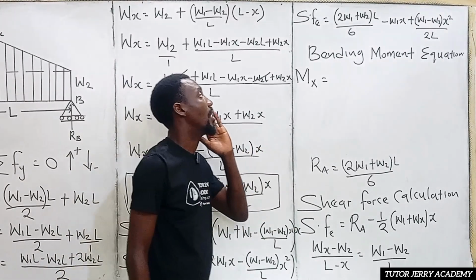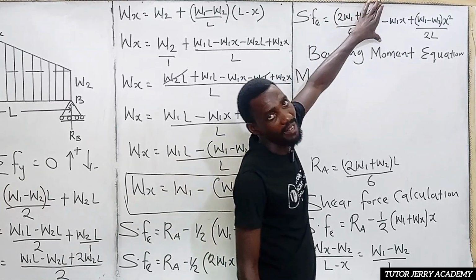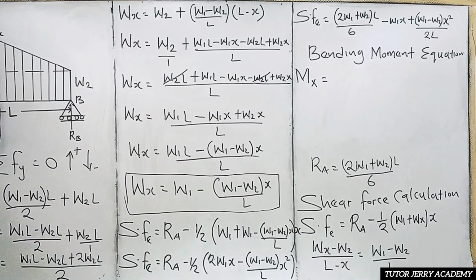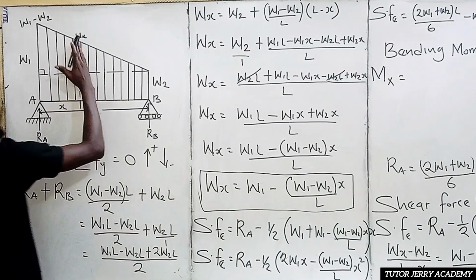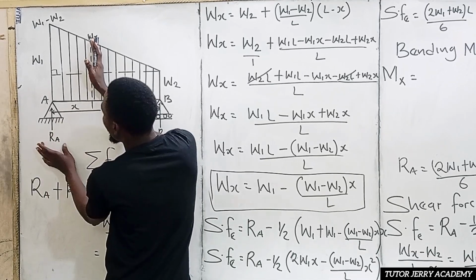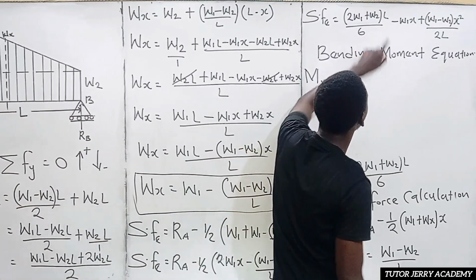The only thing we need to do is this. We know that this is our RA, and this is the portion that we shear, the section. So if you want to take your moment about this point, it's going to be RA multiplied by S.